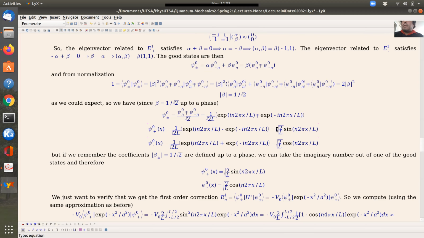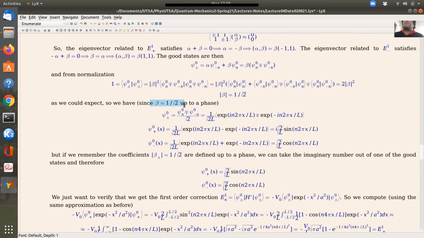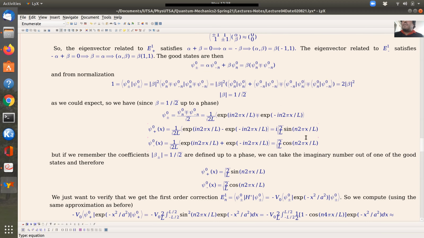You might be wary of why the imaginary thing came out, but remember that we chose beta up to a phase. So we can change that choice later. In any case, they're proportional, and this will also be an eigenfunction provided that you multiply by a non-zero complex constant.